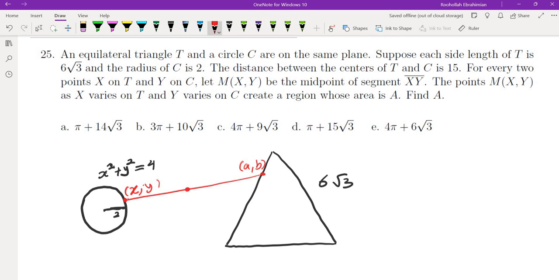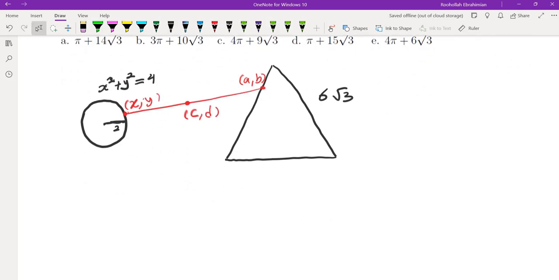We look at the midpoint. Let's say this is (c, d). What is the equation of this point? What does that point satisfy? If we evaluate this point, c is going to be (a plus x) over 2, because that's the midpoint, and d is going to be (y plus b) over 2.